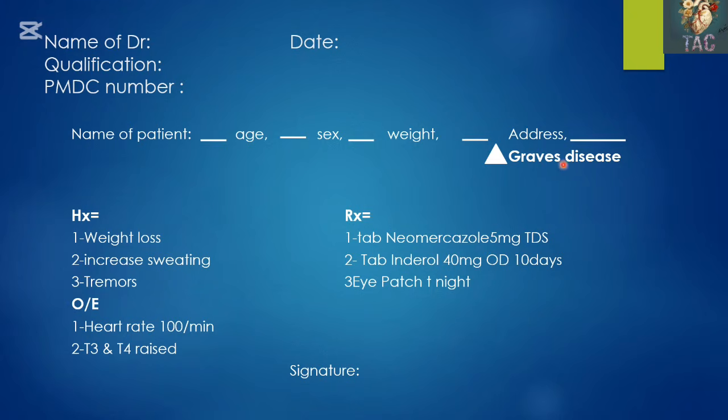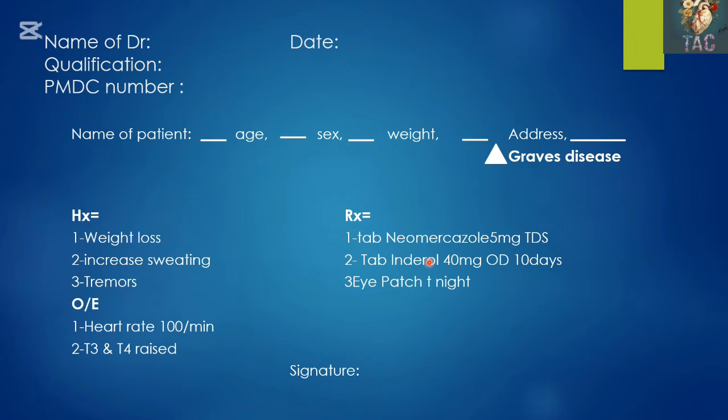Next is Graves' disease. In case of Graves' disease, the patient presents with severe weight loss, increased sweating and a history of tremors. And on examination, you can see the heart rate is very increased. It may be more than 100 per minute or more than this. And on investigation, you will find that T3 and T4 are both raised.